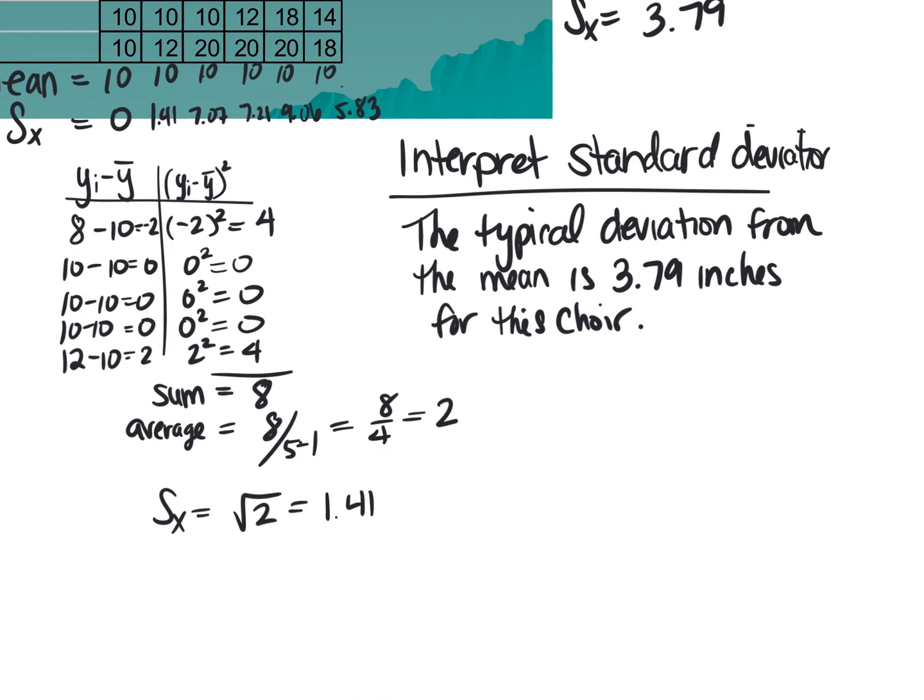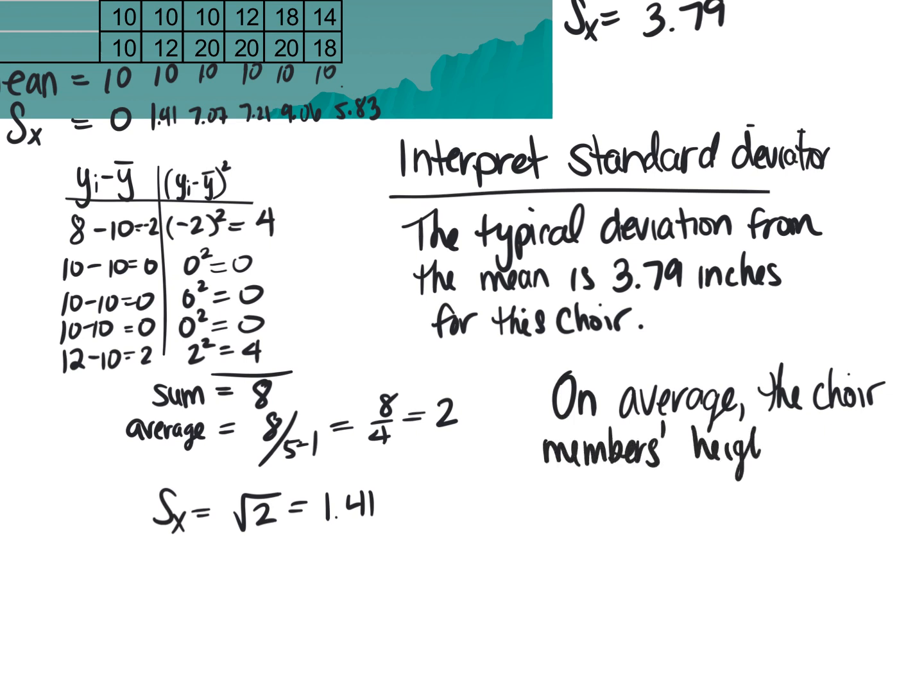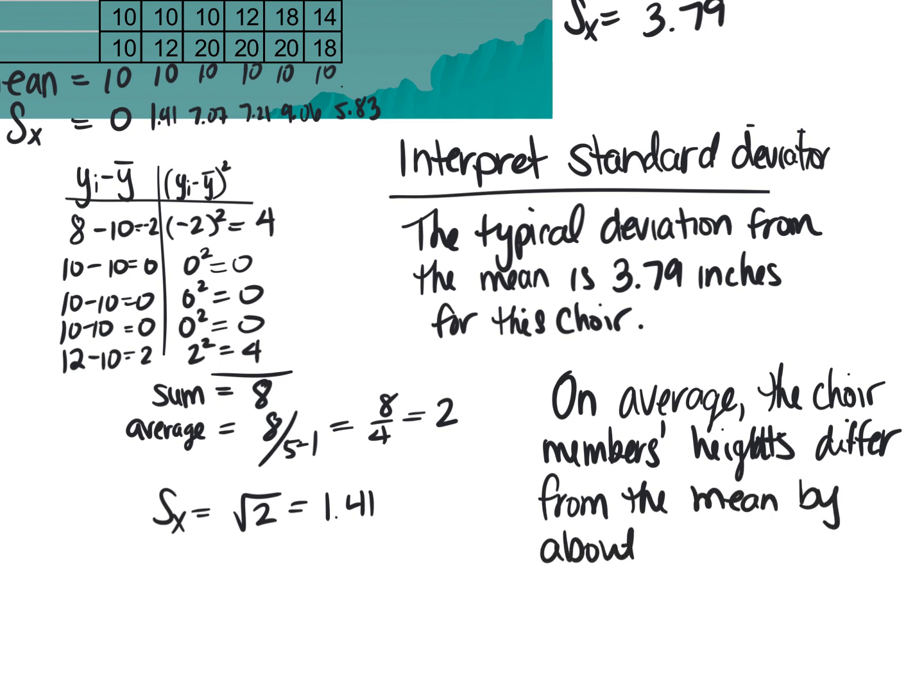So another way to write it would be, on average, the choir members' heights differ from the mean by about 3.79 inches. Either one's an okay way to interpret and understand what standard deviation means.